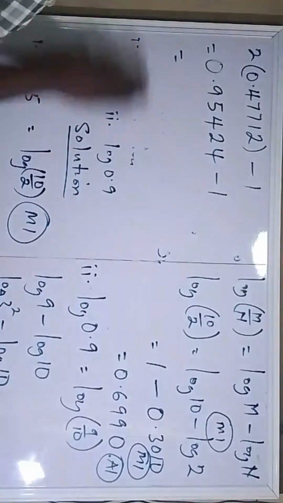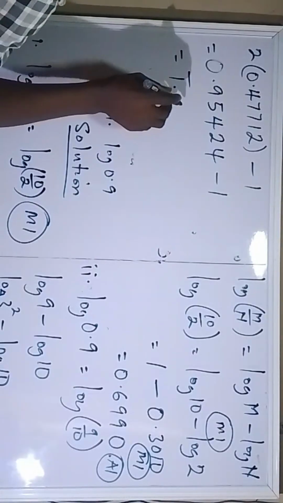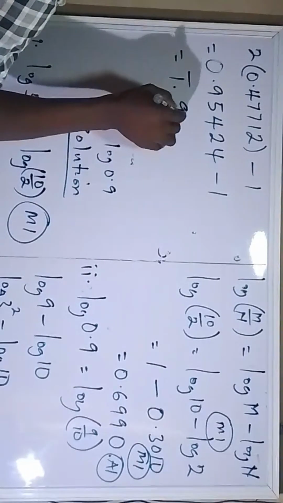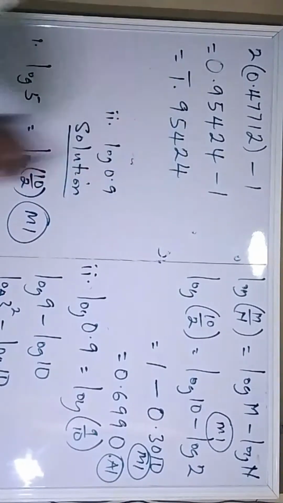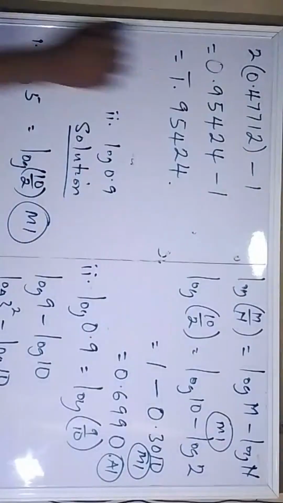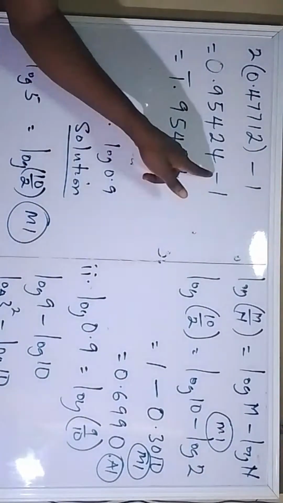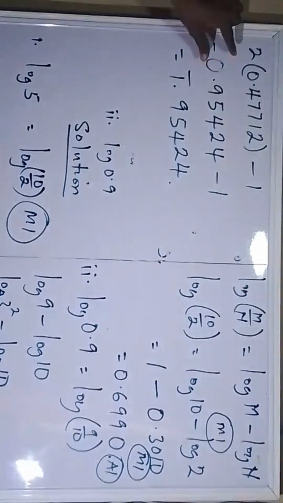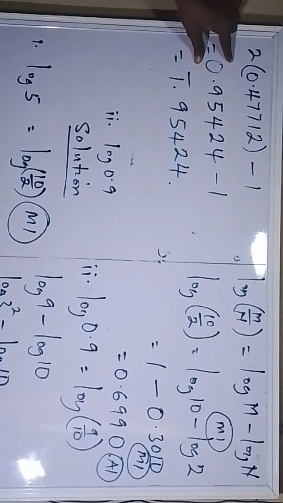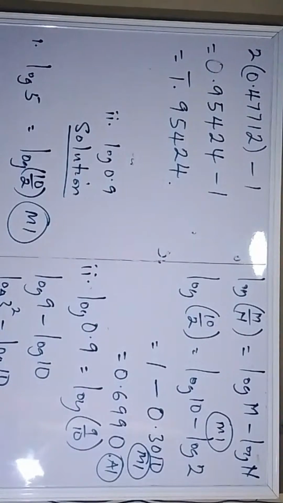So your answer now is going to be 1.95424. So that is going to be the answer. Of course, now you know minus 1 is the same thing as bar 1. So you add it to this integer here. Alright, so we have bar 1 point this. Okay, so that is going to be the answer to that problem.